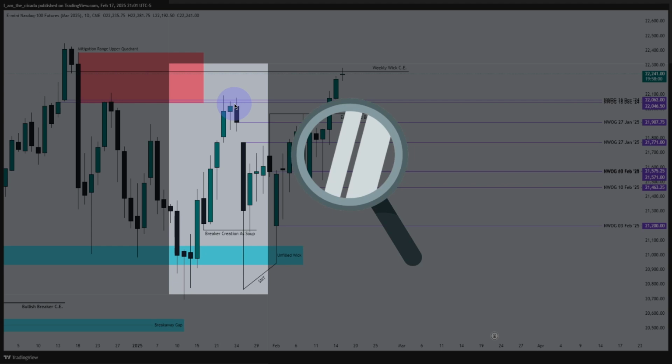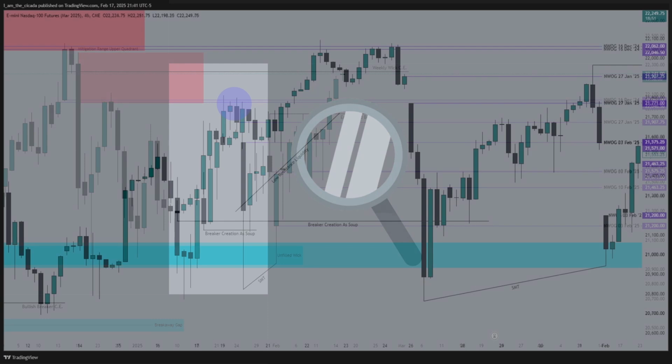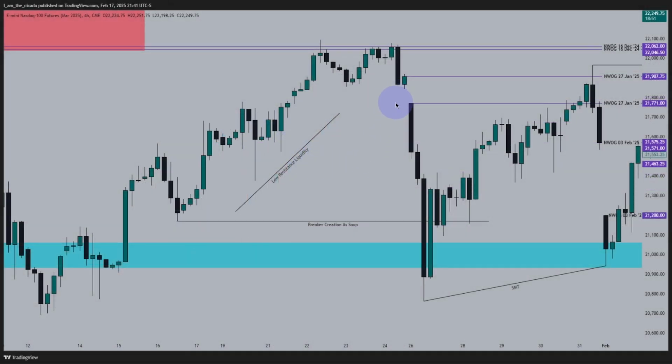I'll say that one more time. As price dropped lower through this breaker low and created the breaker, you would not want to see price reclaim it immediately if you were anticipating this to be a bearish scenario.